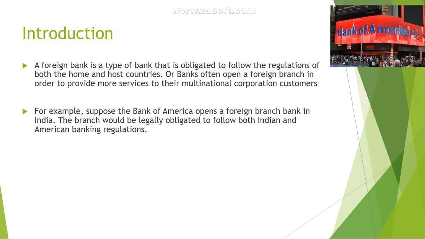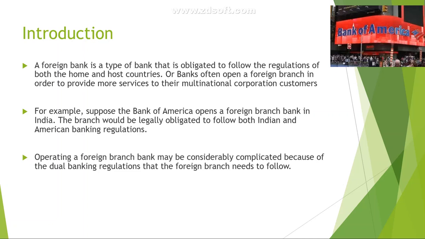It is obligated to follow the regulations, conditions and restrictions with respect to banking activities of both countries. So operating a foreign bank is quite complicated because it has to follow dual banking regulations, with respect to the host country and the branch country where it holds its branch.